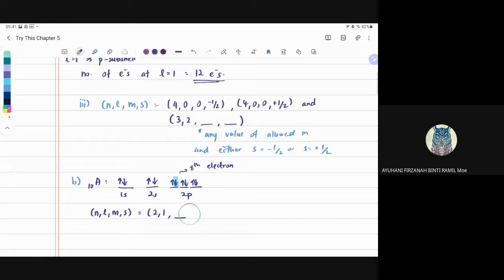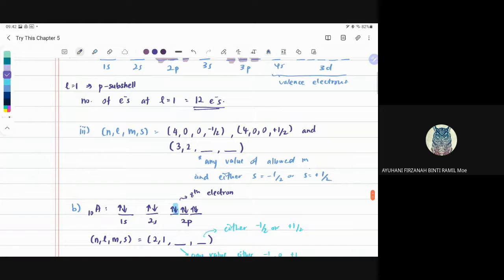Okay. And then S pun boleh pilih mana-mana. So this one, any value, either negatif 1, kosong, positif 1, either negative 1 over 2 or positive 1 over 2.